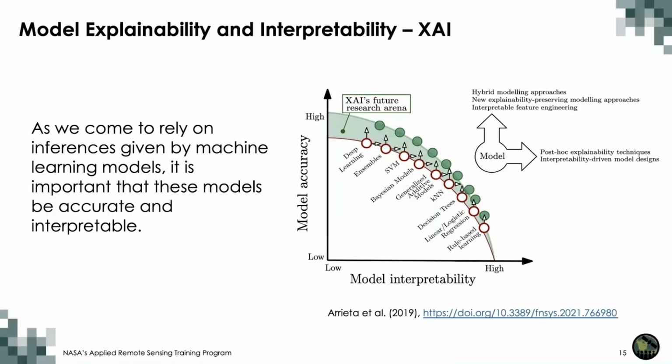We can look at their decision-making process and be able to understand the reasoning, but they're not as accurate as something that's a more black box model, such as deep learning, a neural network, or ensembles, to give a few examples. What I mean by black box is that we can't really tell what is going on when we give the model a prediction, and it can't explain the predictions that it made or the reasoning that it used to make those predictions.